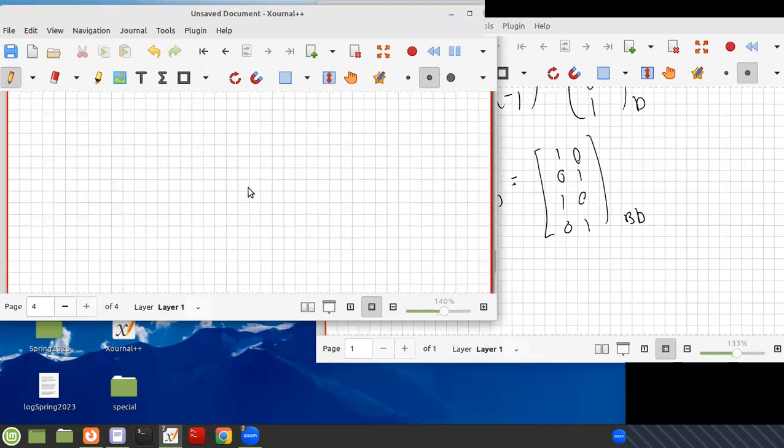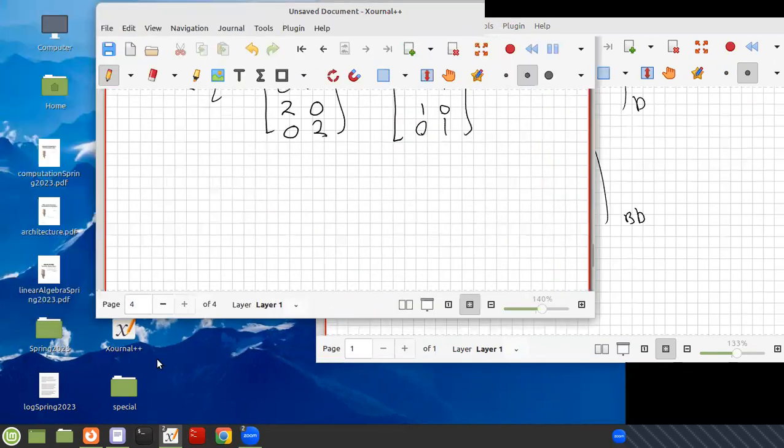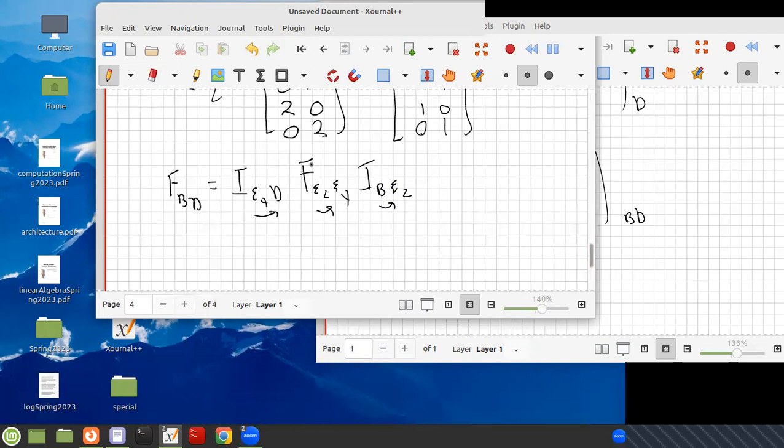Okay? But my point was to illustrate that FBD was supposed to equal I from E4 to D, F from E2 to E4, then I from B to E2, because this goes B to E2, E2 to E4, E4 to D, and it has F sandwiched in between.